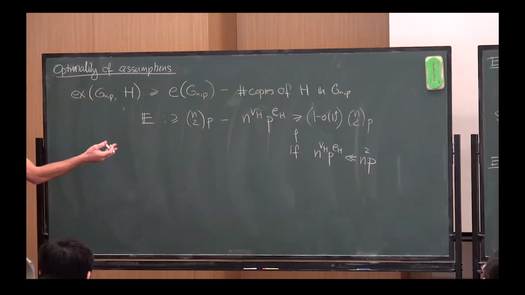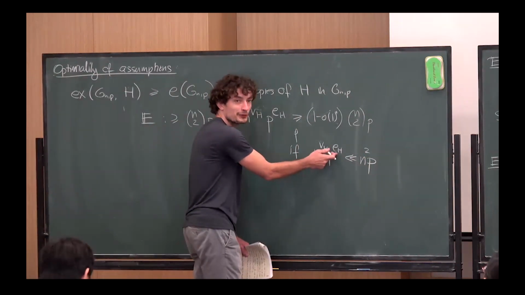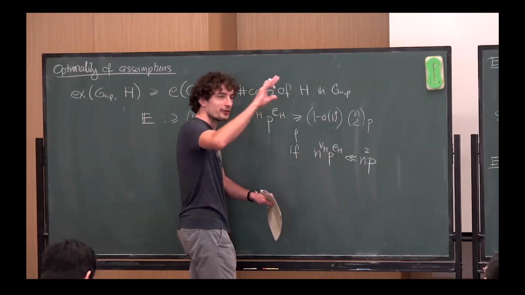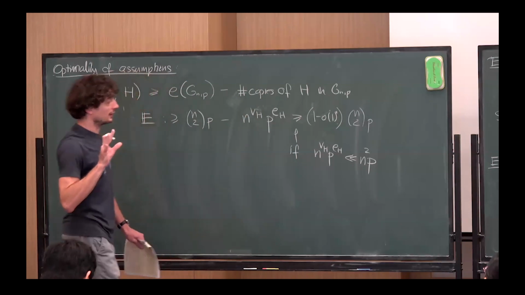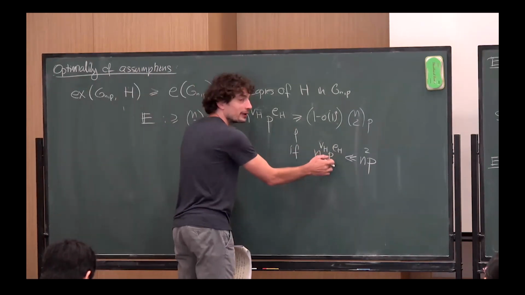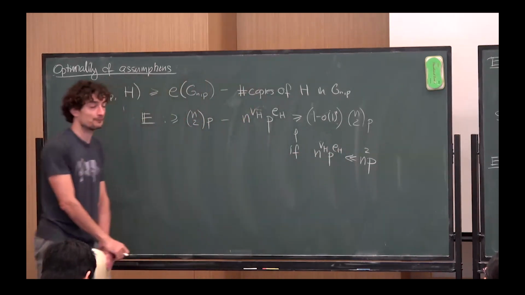So it's the same assumption as for the case of the triangle, just there, this was 3, this was 3, and we replace it by, so n to the VH is the number of copies roughly of H in the complete graph, and it has EH edges, so in the random graph, this is the probability that each such copy survives.